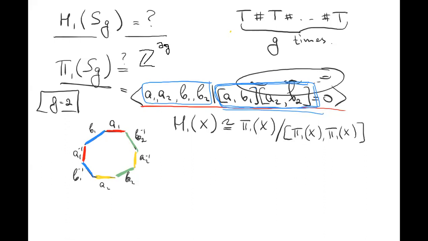Therefore H1 of S2 is just Z to the power 4. And in general, H1 of Sg is just Z to the power 2g. Okay?